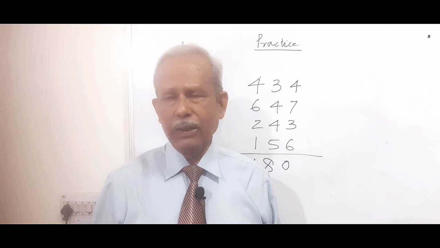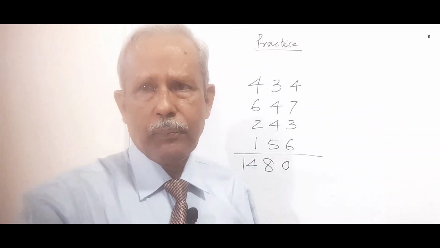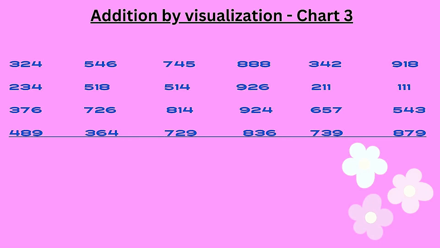So now let us see this chart number 3. Well, now here is your next chart, chart number 3. Here all the numbers have 3 digits each. So you can first start with 2 numbers. Once you're comfortable with 2 numbers and you're doing it with speed, then you can add 1 number more, then you can go up to 4 numbers, then up to 5 numbers, and gradually up to 6 or 7 numbers, as comfortable as you are.